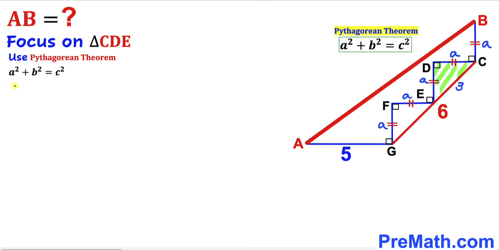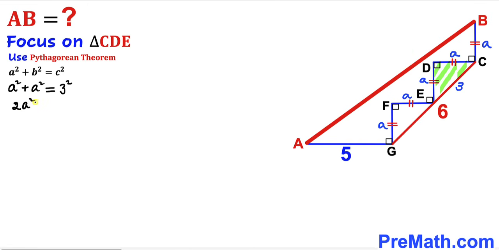So we got a squared plus a squared equals 3 squared. Let's simplify. That is going to give us 2 times a squared equals 9. Now we divide both sides by 2, so a squared equals 9 divided by 2.